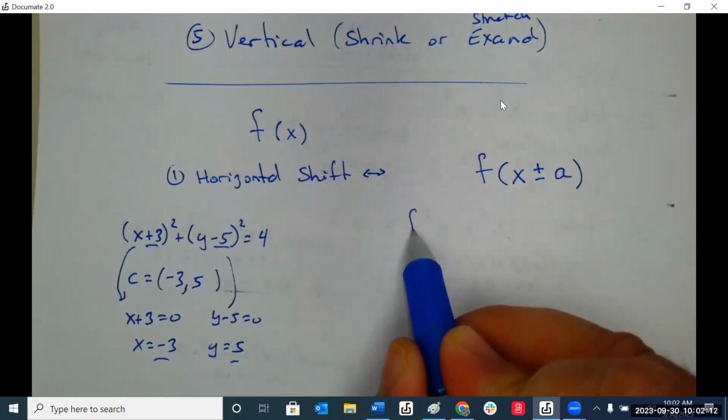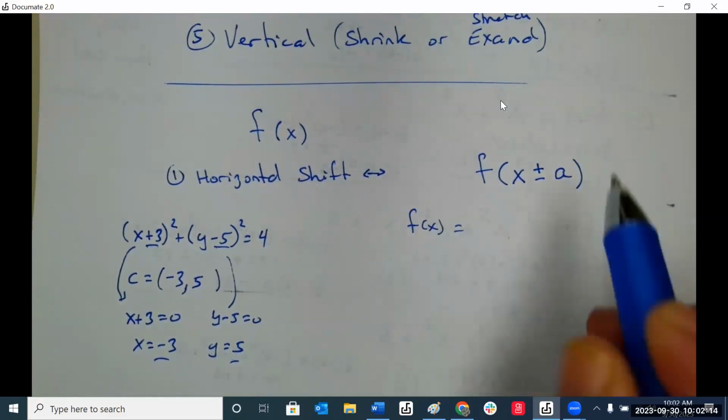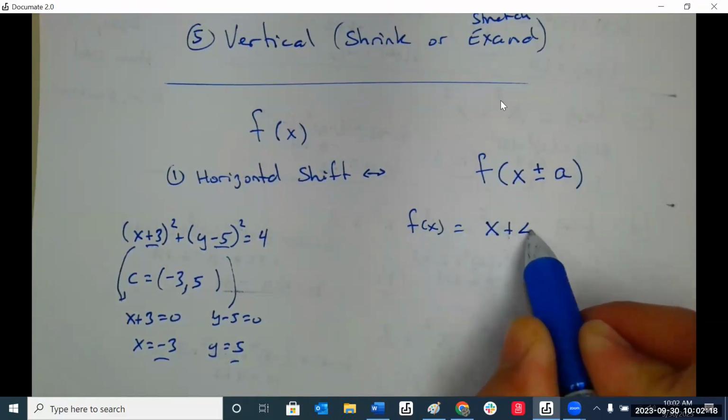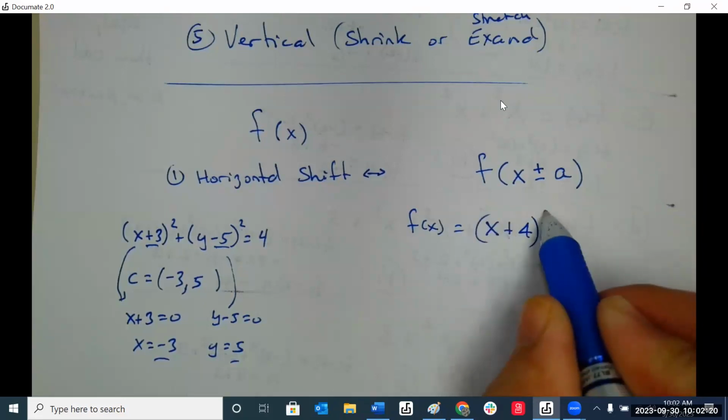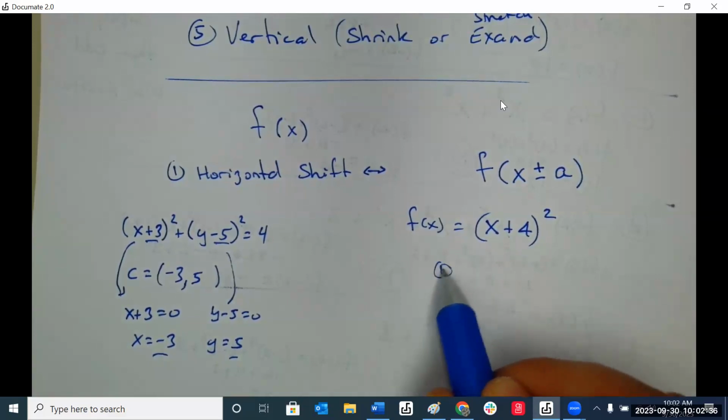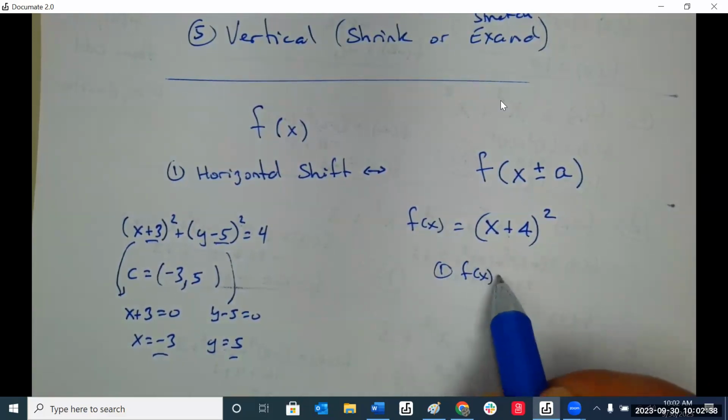If I gave you a function that looked like this, how would you graph it? Where is the shift going? It's going to -4. So we'd first have to graph the function.